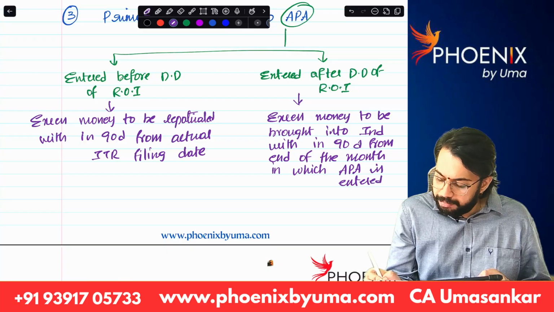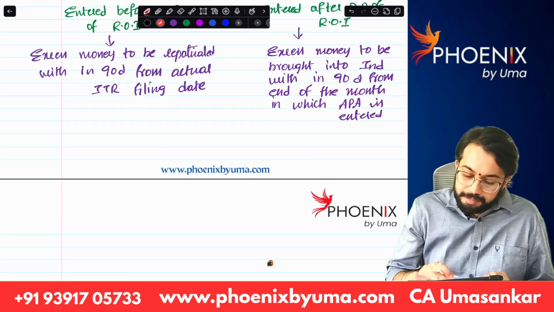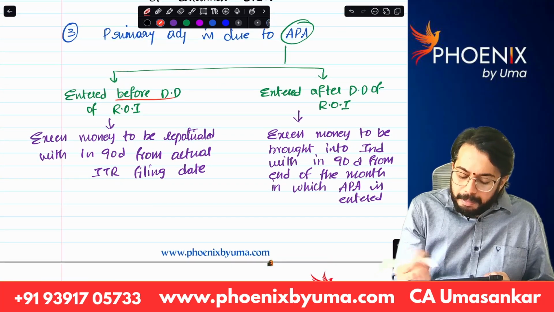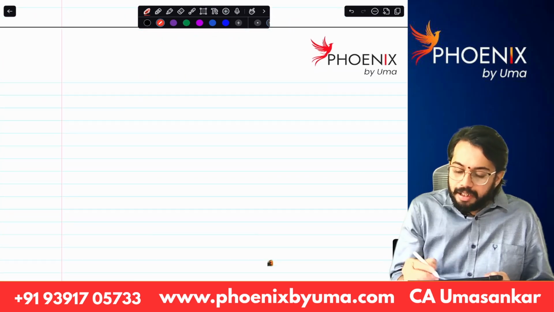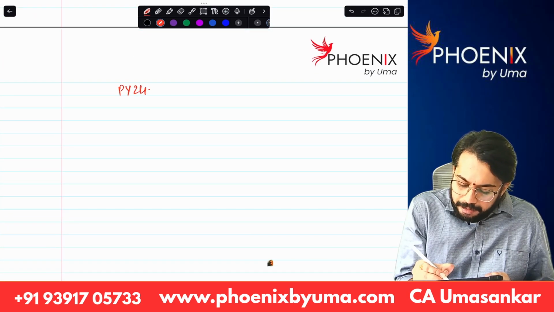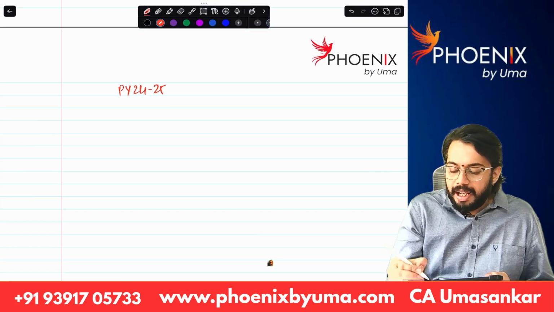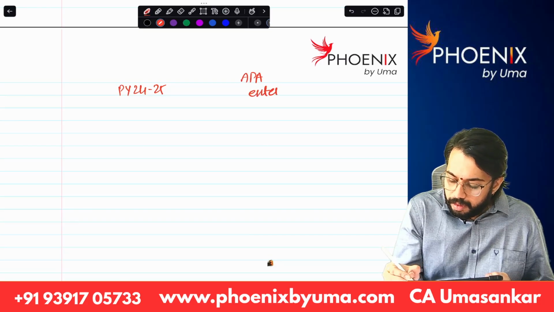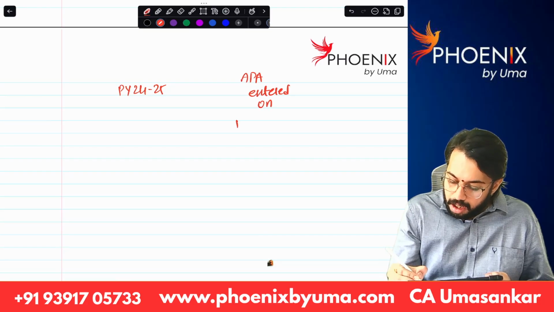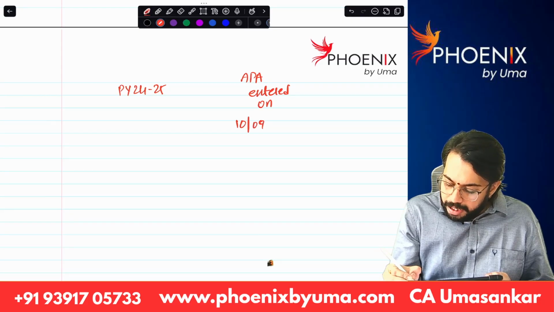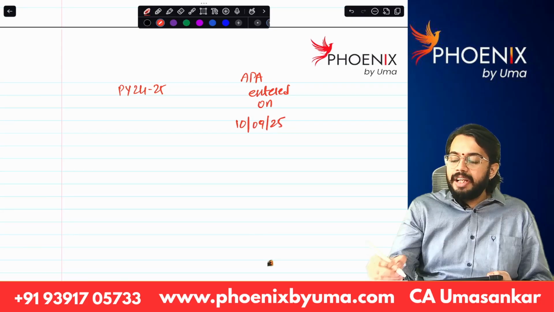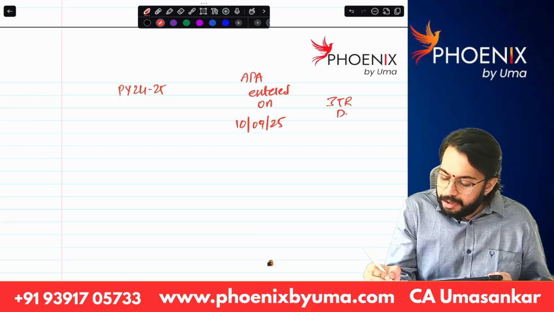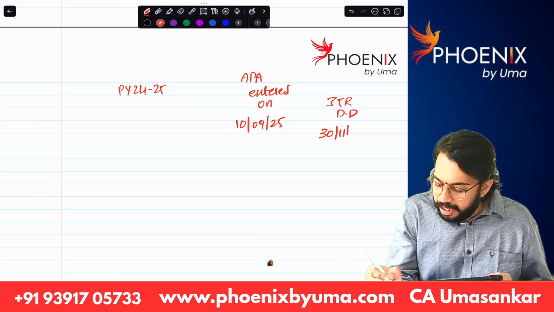For example, let's say APA entered before the due date of return of income for previous year 24-25. Okay, let's say APA entered on 10th September 2025. Actually, what is the ITR due date? ITR due date is 30th November 2025.